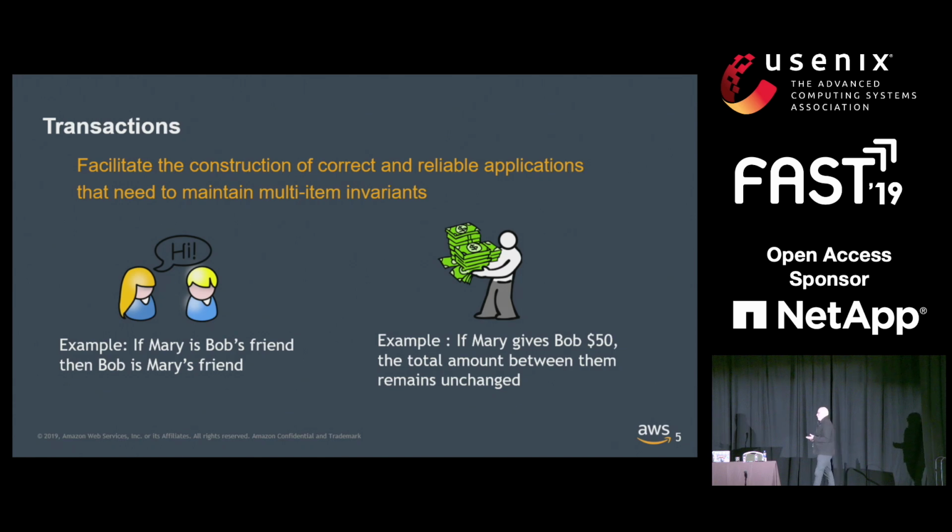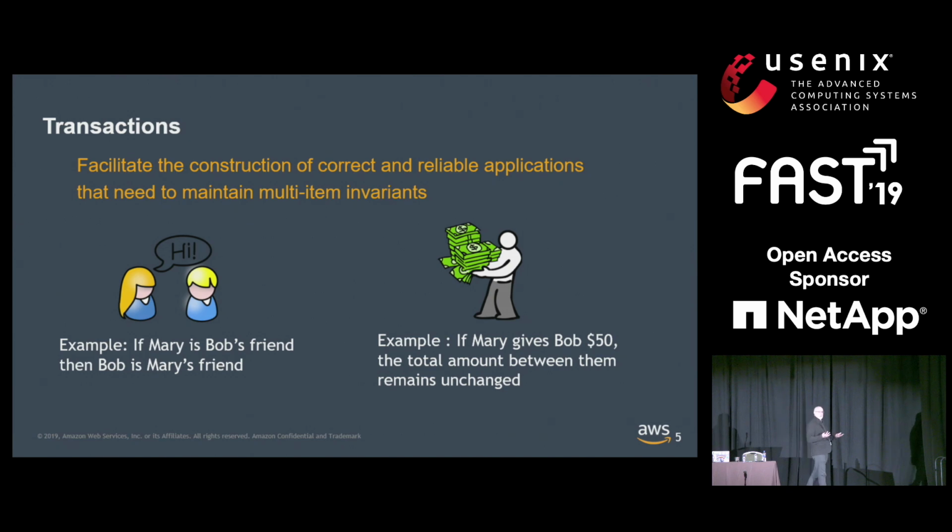So for instance, if you do a social networking application like Facebook, you may have the invariant that if Mary is Bob's friend, then Bob is also Mary's friend. If you have a banking application, you may want to maintain the invariant that if Bob gives Mary $50, then at the end of that transfer, the total amount of money in Bob and Mary's accounts is the same as it was before the transfer.